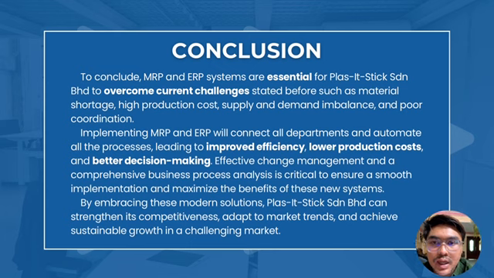Implementing MRP and ERP will connect all departments and automate all the processes, leading to improved efficiency, lower production costs, and also better decisions. Effective change management and a comprehensive business process analysis are critical to ensure a smooth implementation and maximize the benefit of the new system.